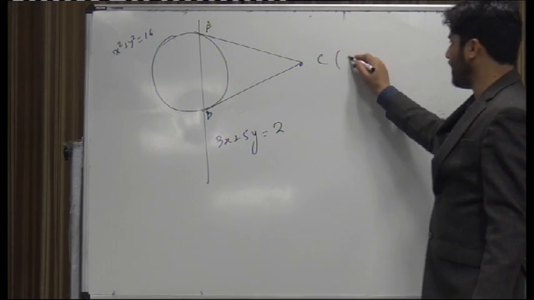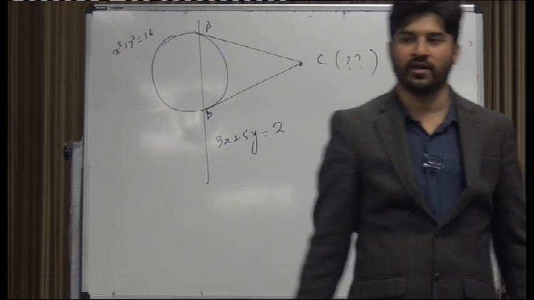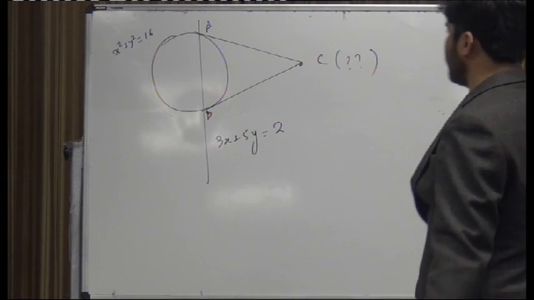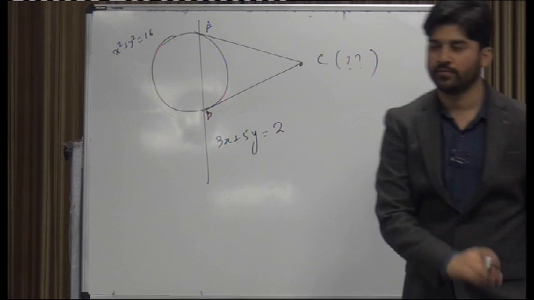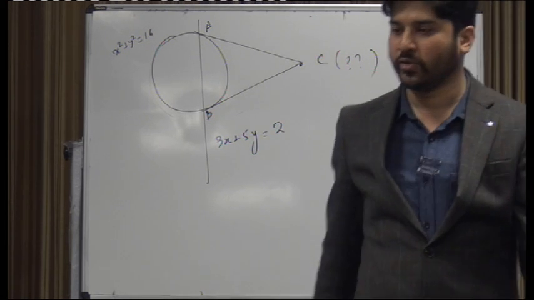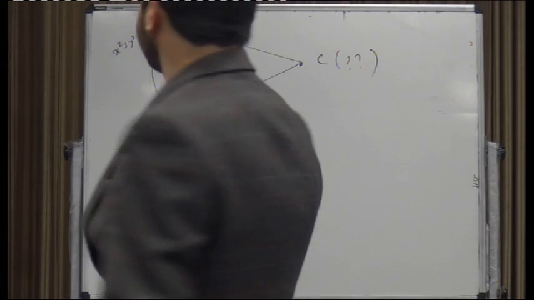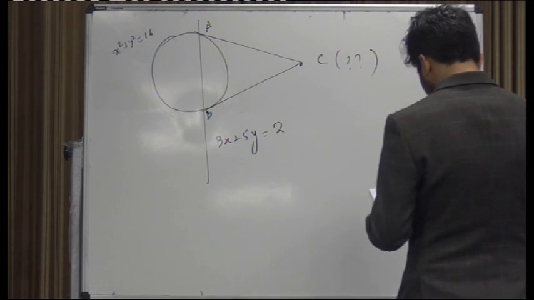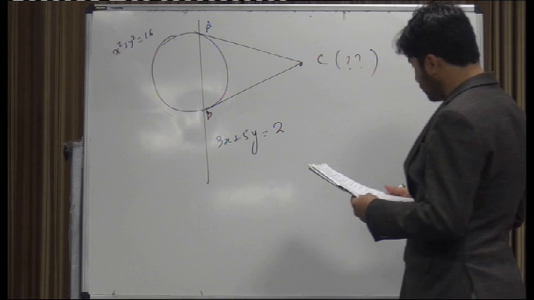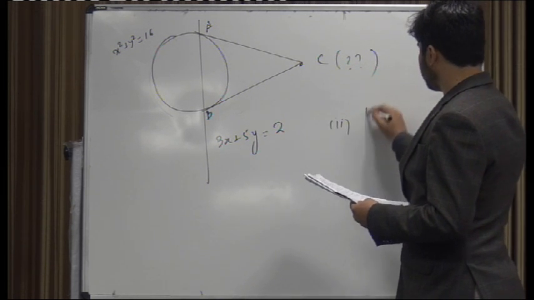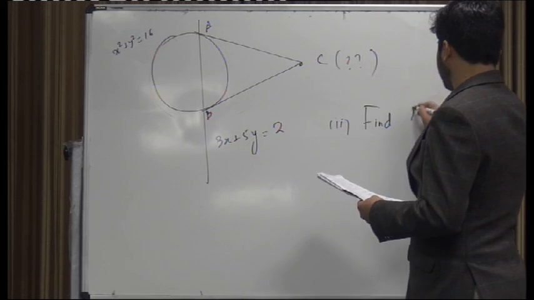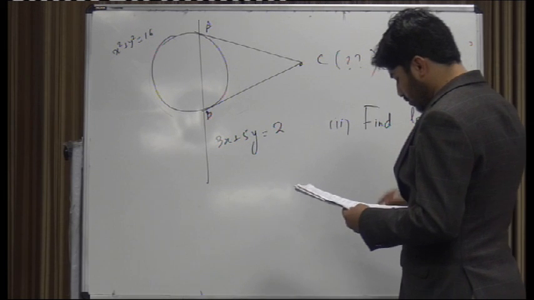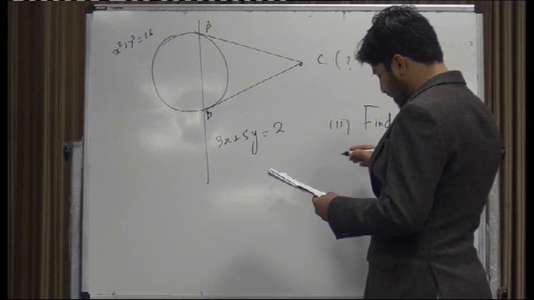You have to tell me C fast. 30 seconds. Tell me what is C. Okay, 1 minute. Tell me what is C. Don't look for the second question. Just tell me first what is C.